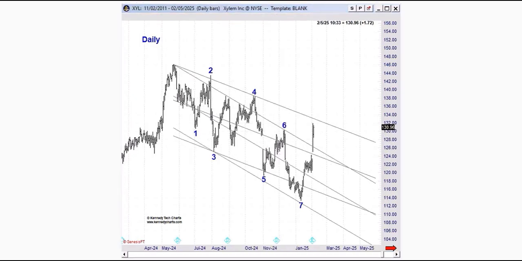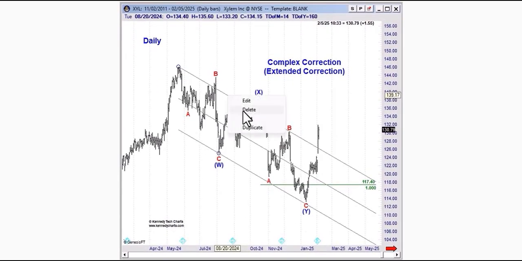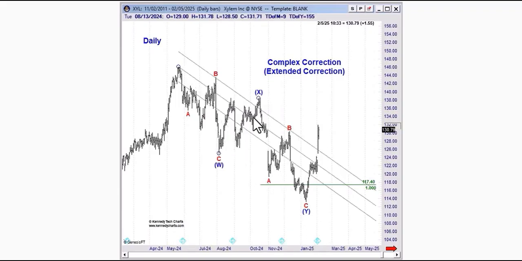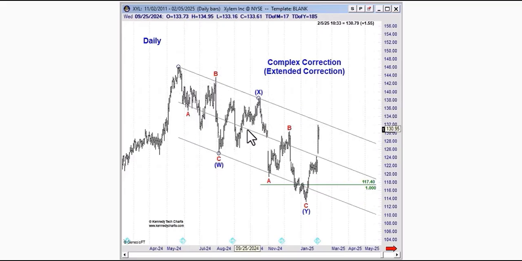So if we go back to this example of my labeled price chart, you can start off initially whenever you're drawing the corrective price channel for an extended correction by going off the W and the X, like what you would traditionally do with a zigzag. But it's also a variation of the way we draw the corrective price channel whenever we're encountering a flat correction.